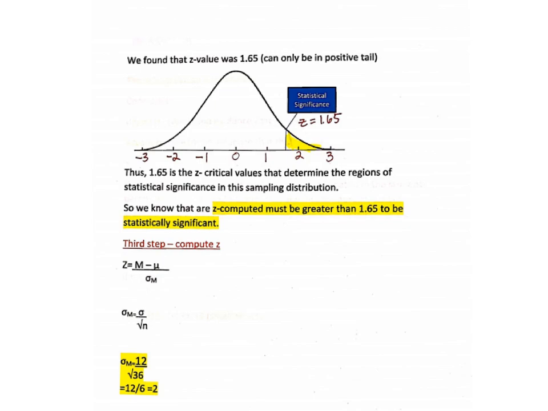The third step now is to do our computed Z, and that's what we're going to compare to that critical Z of 1.65. So we do our equation of Z equals the sample mean minus the population mean over the standard error, and the standard error equals, as you will recall, the population standard deviation over the square root of the sample size.